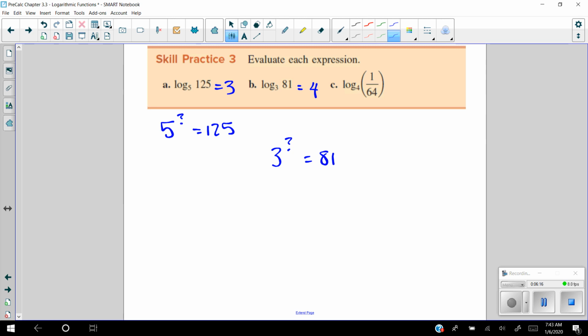Yeah. All right, and then 4 to what power is 1/64? Well, we have a fraction here, so it's most likely going to be a negative exponent. So the negative exponent would flip that to be 64. 4 to what power is 64? The fourth power. Oh no, 4 to the third power.